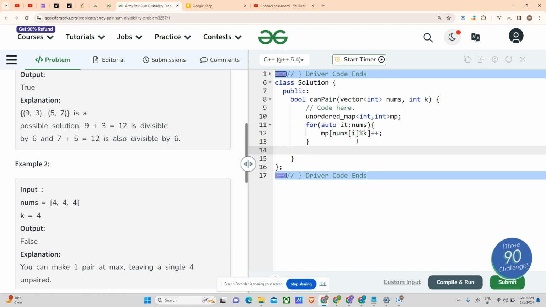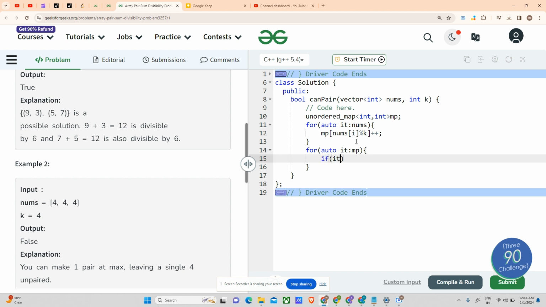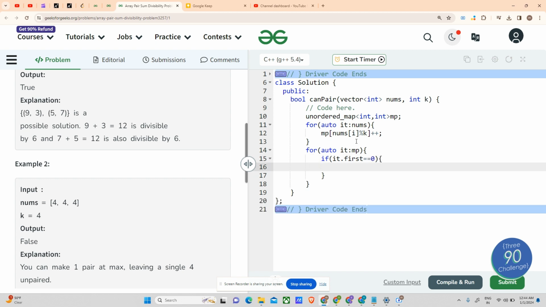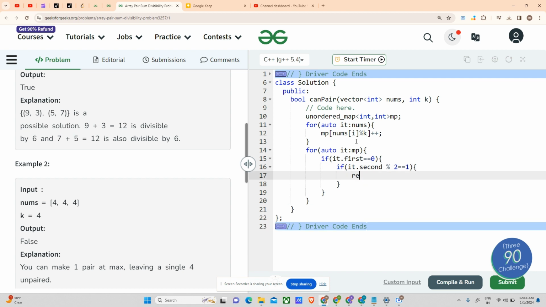Okay. Then now, traversing the map, for auto it in mp, if it dot first equals 0, now if it dot second percent 2 equals 1, in that case return false.